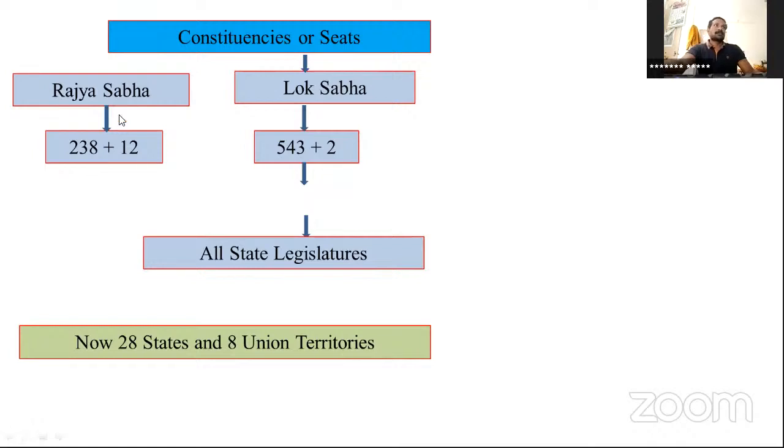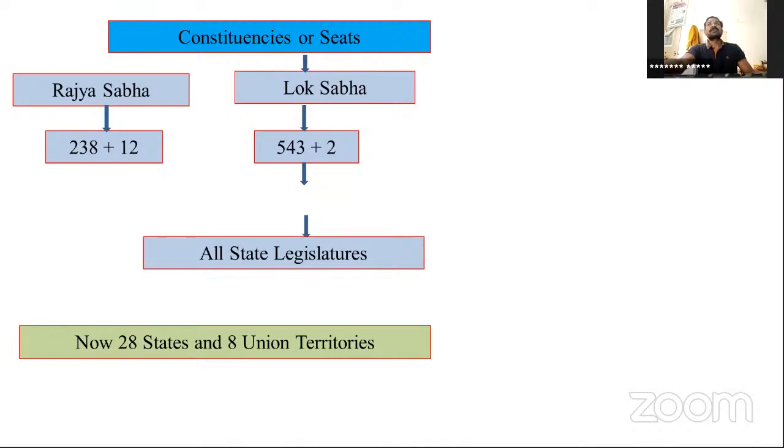This is separate, indirectly elected by the state assemblies, the electoral college. Total members, Rajya Sabha is the upper house. Our Indian polity, a parliamentary type of government, was established from our constitution coming into effect.